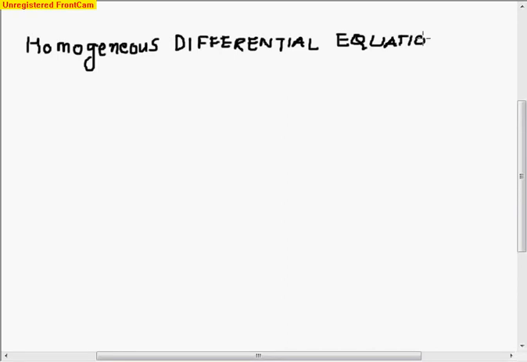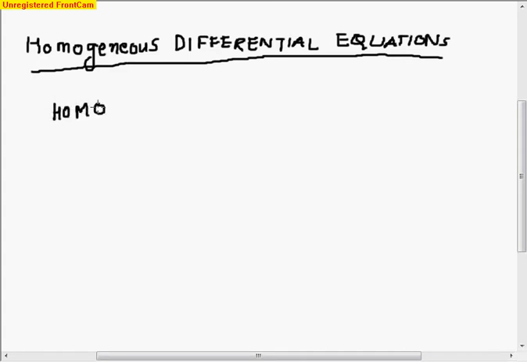This is the thing we are going to do. We are going to learn homogeneous differential equations. For that we need to know what a homogeneous function is.